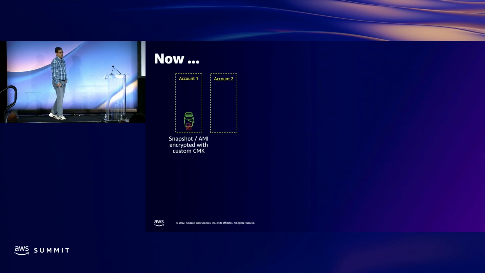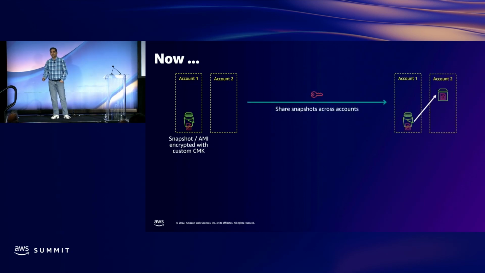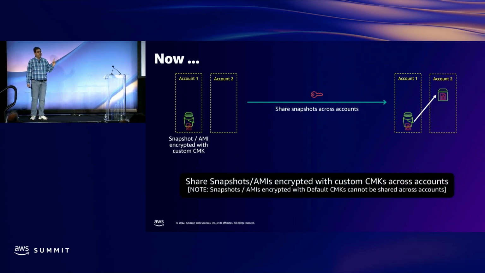Now, if you have a snapshot or an AMI that is encrypted with a custom CMK, you can just share that snapshot across accounts and then launch an encrypted volume directly. Remember, if you do choose a default CMK, which is the AWS managed key, then this won't work. But if you have custom CMKs that you're using for encryption, you can just share and launch directly from that.